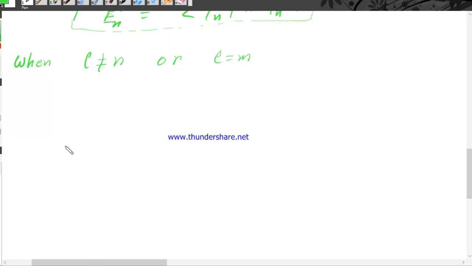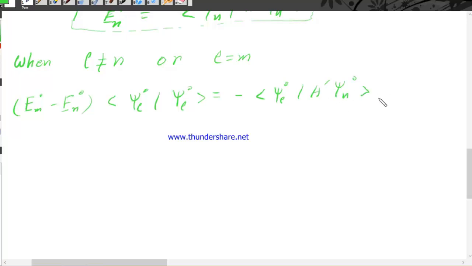Then the above equation can be written as En⁰ minus En⁰, and then ψl⁰ is equal to ψl⁰, and then minus ⟨ψm⁰|H'|ψn⁰⟩ plus En¹ and then ⟨ψn⁰|ψn⁰⟩.